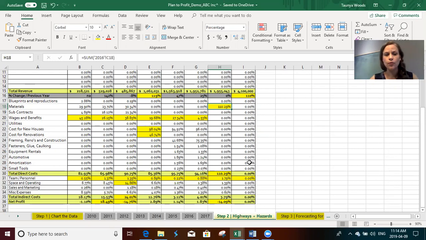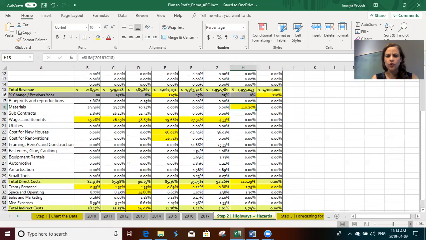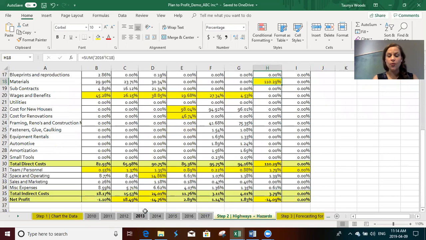So lesson number 1. Lesson number 2, when you look down here at your net profit, it's kind of like a moment of, okay, what was working and what was not working? Because oftentimes these net profits, again, do not get communicated as a percentage of revenue. They get communicated as change over last year or last previous period, right?